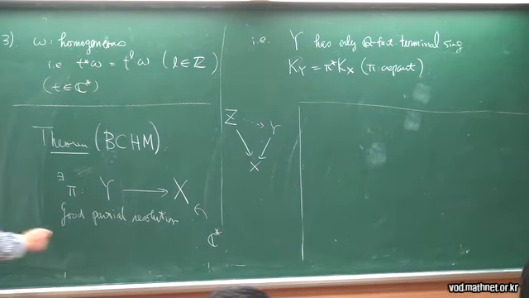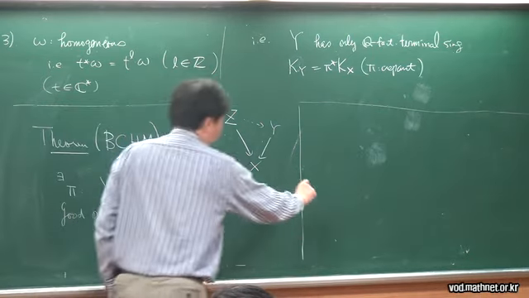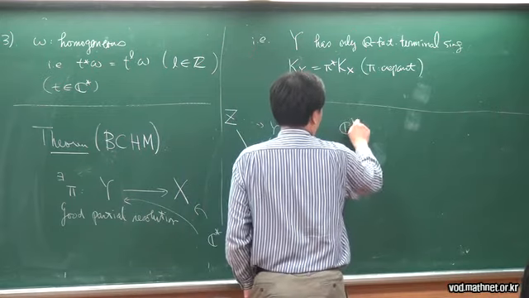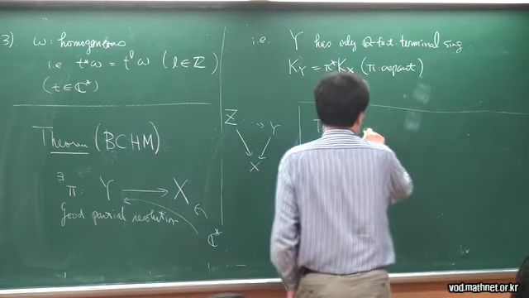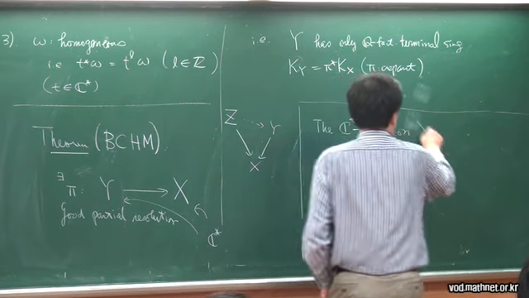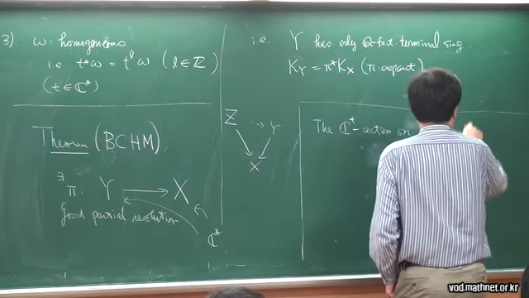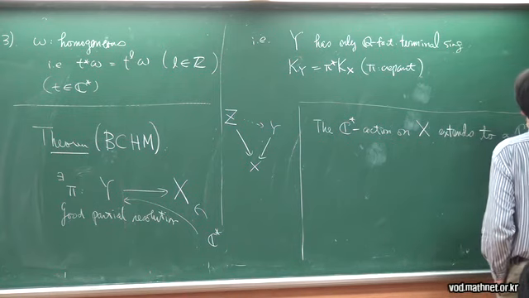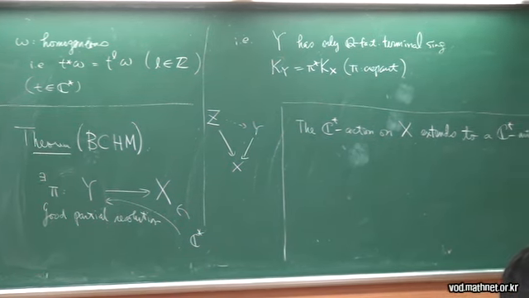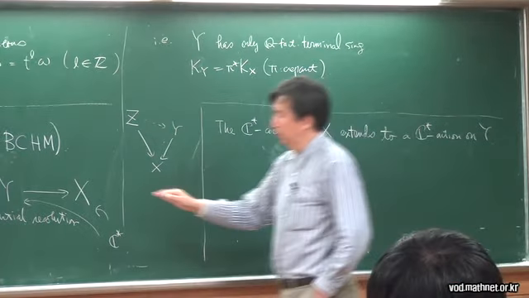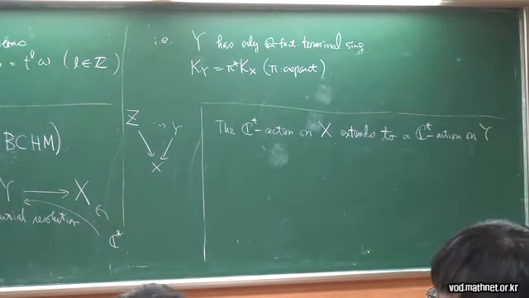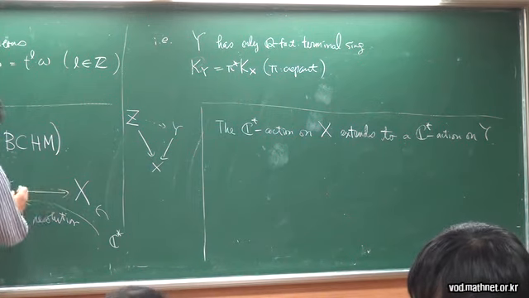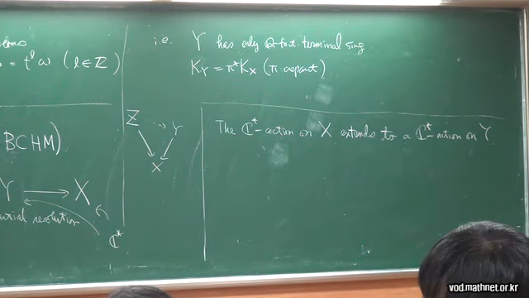But this C-star action on X extends to a C-star action on Y. This is not a trivial thing, but when X is symplectic, this partial resolution is semi-small.